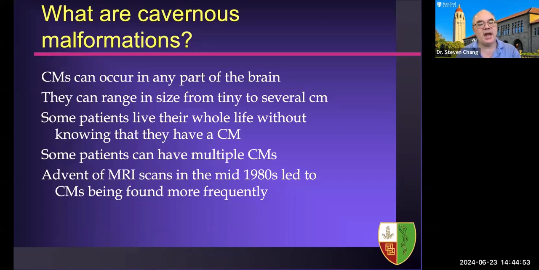A lot of patients that have these malformations live their whole life without knowing that they've had one, because either their symptoms are not significant enough to warrant any workup or intervention, or they just never have an event where the cavernous malformation has any significant bleeding that leads to their discovery. So the actual prevalence of cavernous malformations may be much higher than we know.